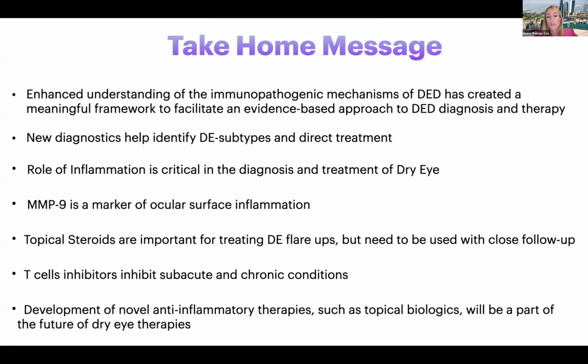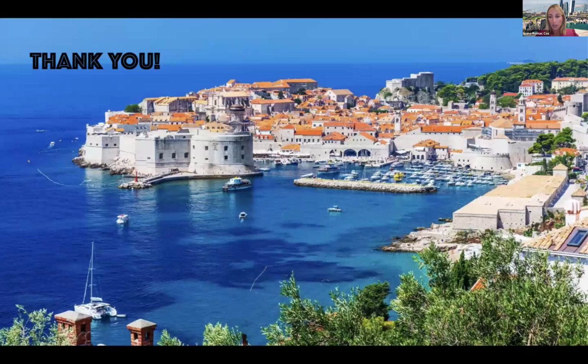We use topical steroids, and they're mainly important for treating flare-ups, but have to be used carefully with caution. We have T-cell inhibitors, which can treat both subacute and chronic conditions. And development of the new anti-inflammatory therapies, such as topical biologics, will be part of the future of dry eye treatment. Thank you.